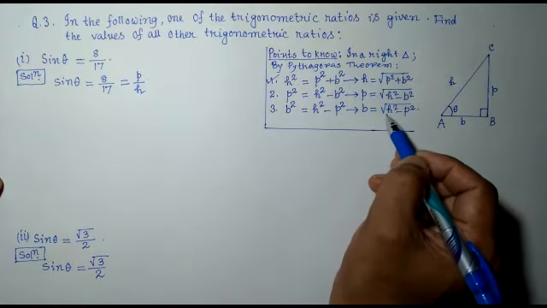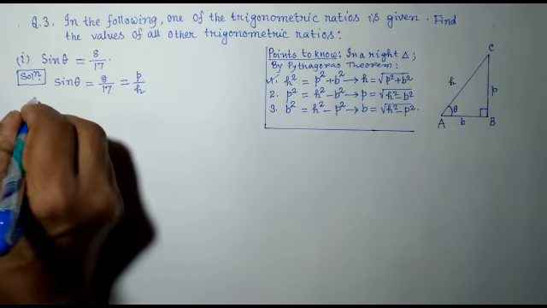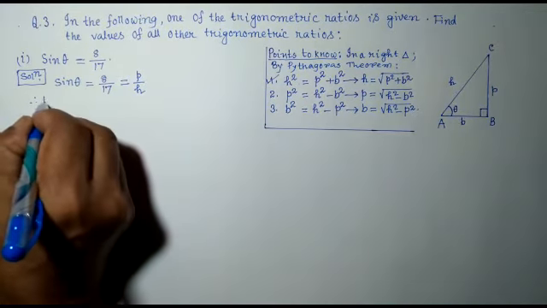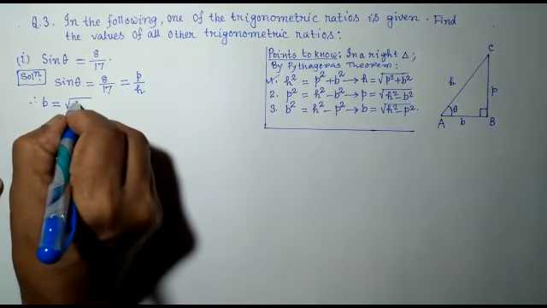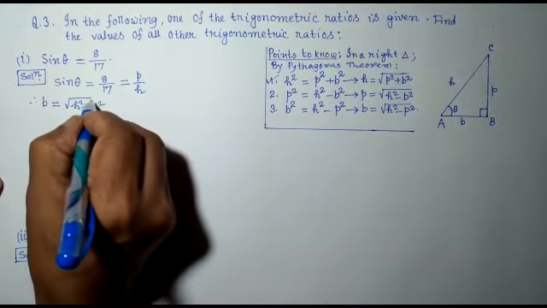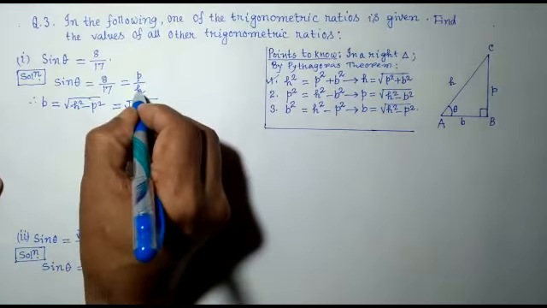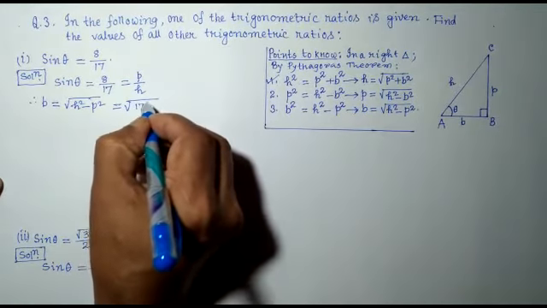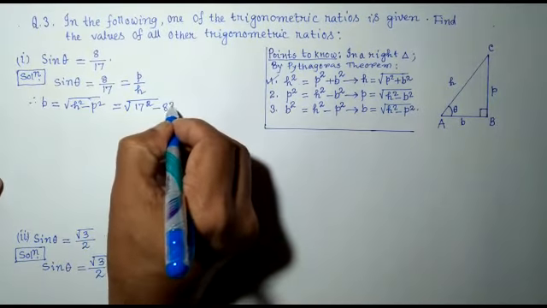Base is equal to square root of a square minus b square. So we can write here, therefore b is base. Base is equal to square root of a square minus p square, perpendicular square. So what is a? It is 17. So 17 square minus perpendicular is 8, it is 8 square.